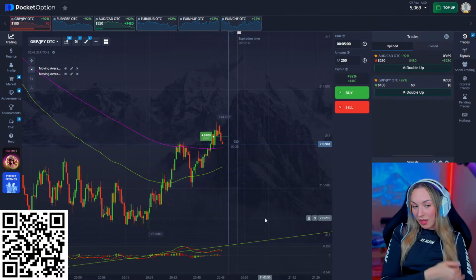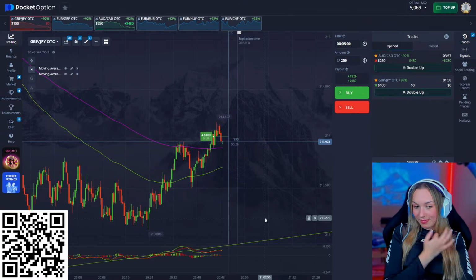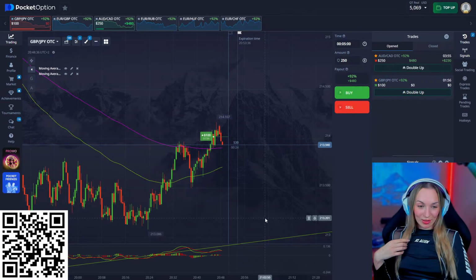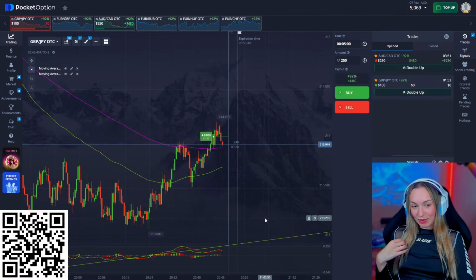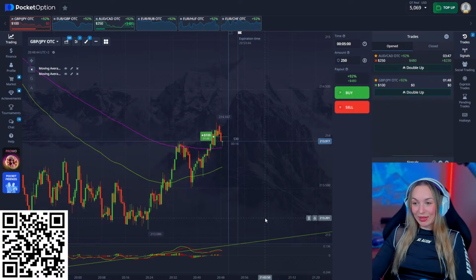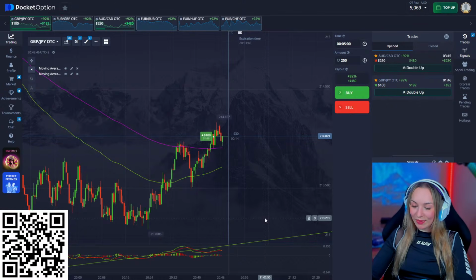I don't understand if I like my hair or not. It definitely doesn't look like a big amount of hair, but it's so weird for me to see my hair like this.